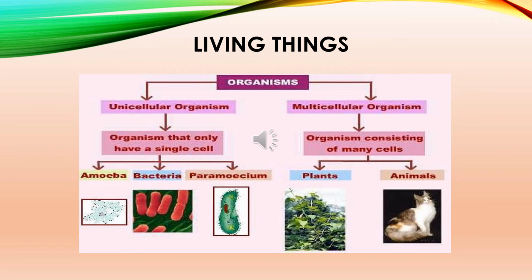Organisms that only have a single cell. And here the examples are amoeba, bacteria, and paramecium. And there you have the picture of each one of them.